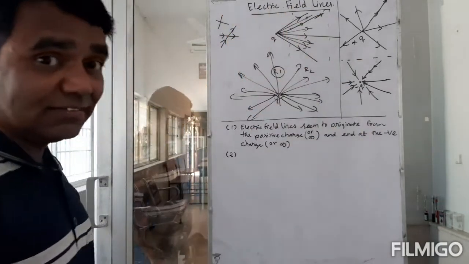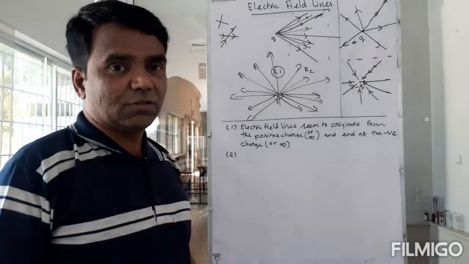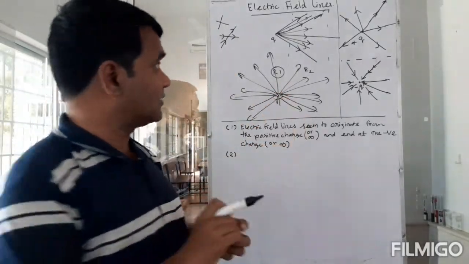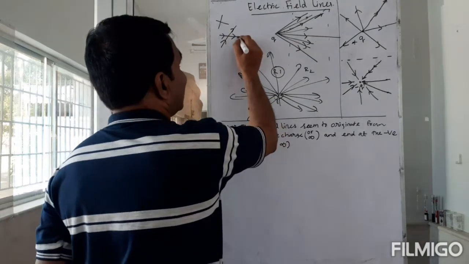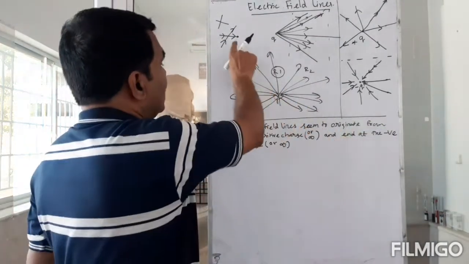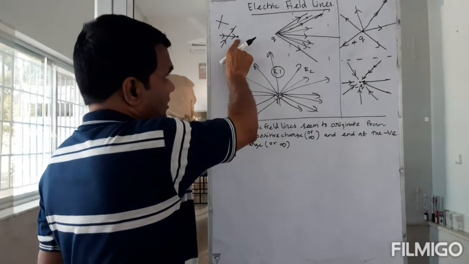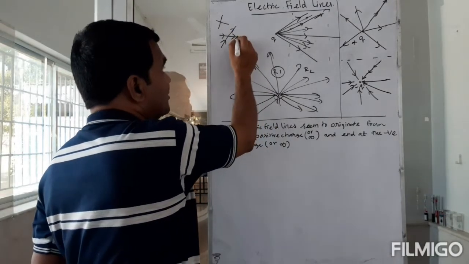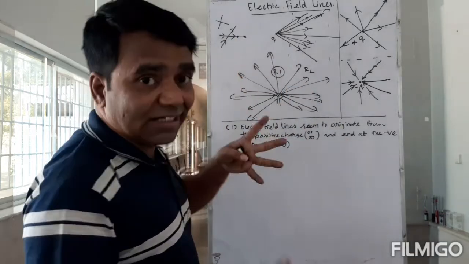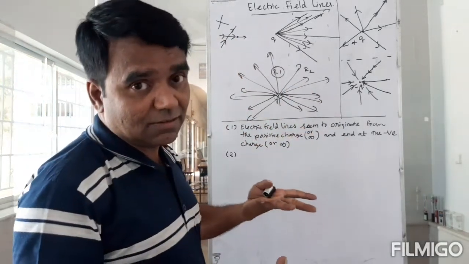But what does the line represent? I keep a unit positive charge at this point, then it is going to be repelled in this direction. That's what the field line means.